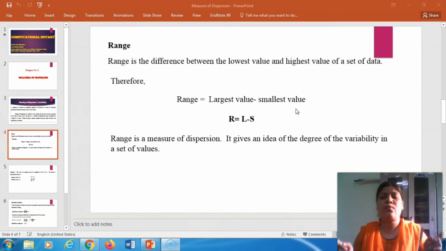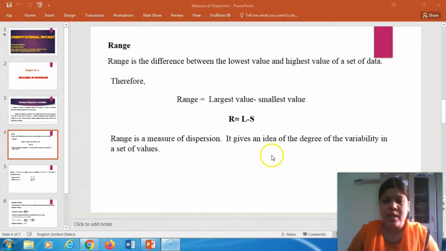So only two extreme values are considered here and the remaining values are ignored. This is one of the drawbacks we come to know. And range is a measure of dispersion. It gives an idea of the degree of variability in a set of values.